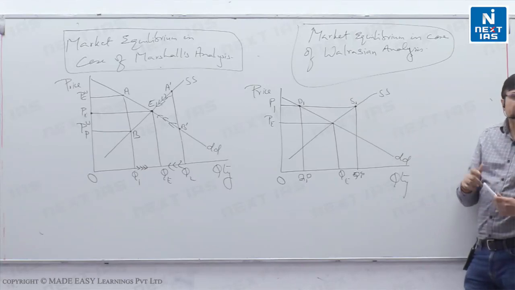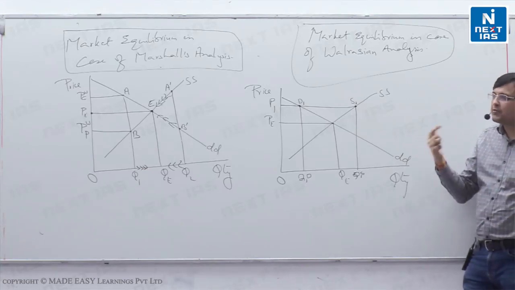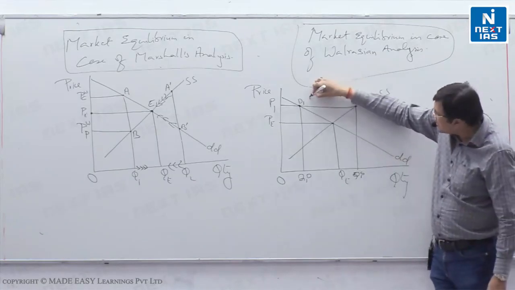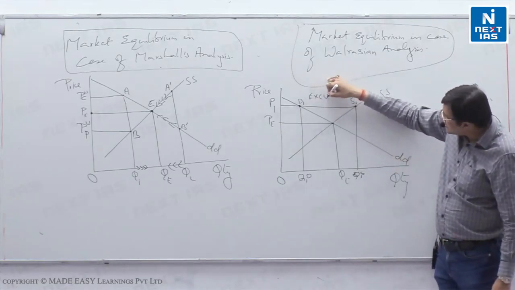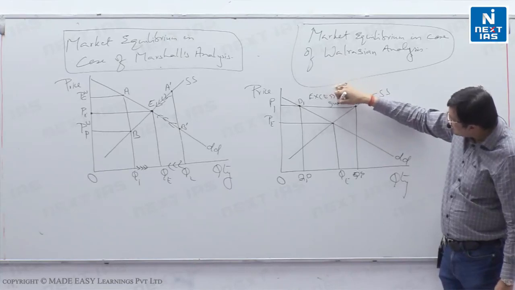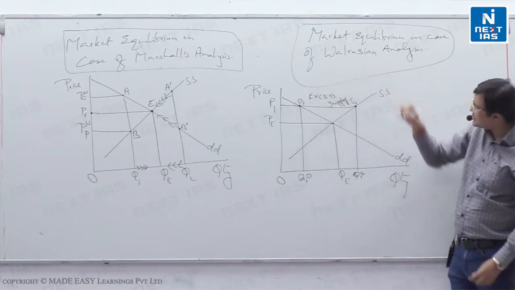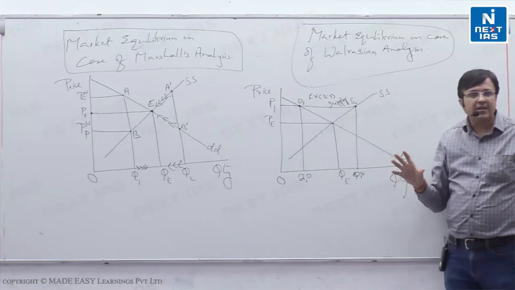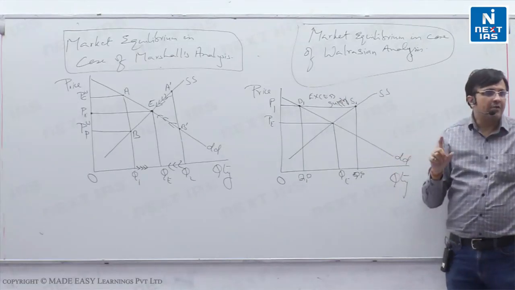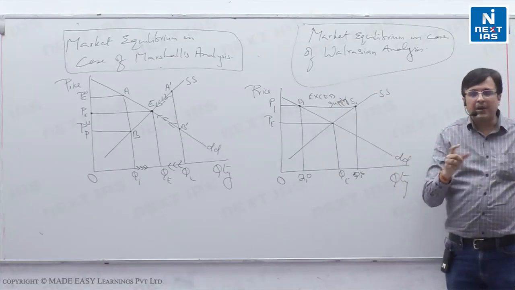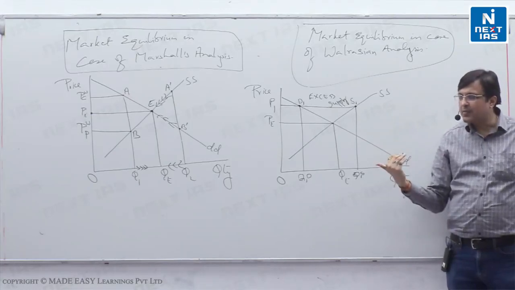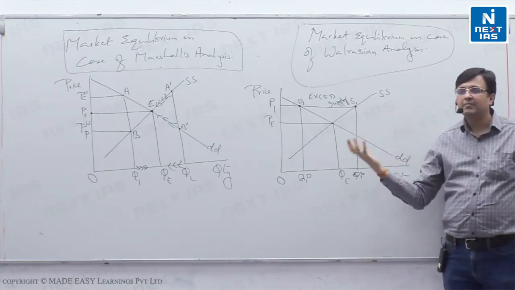Now that means producers have excess supply that they are facing. You have a market with excess supply, and the price will start falling because the producers have unsold inventory.